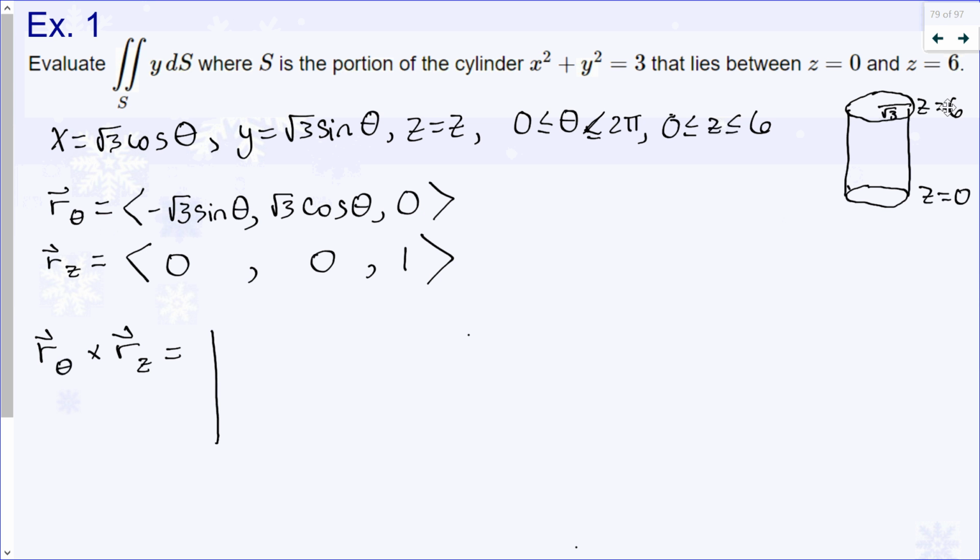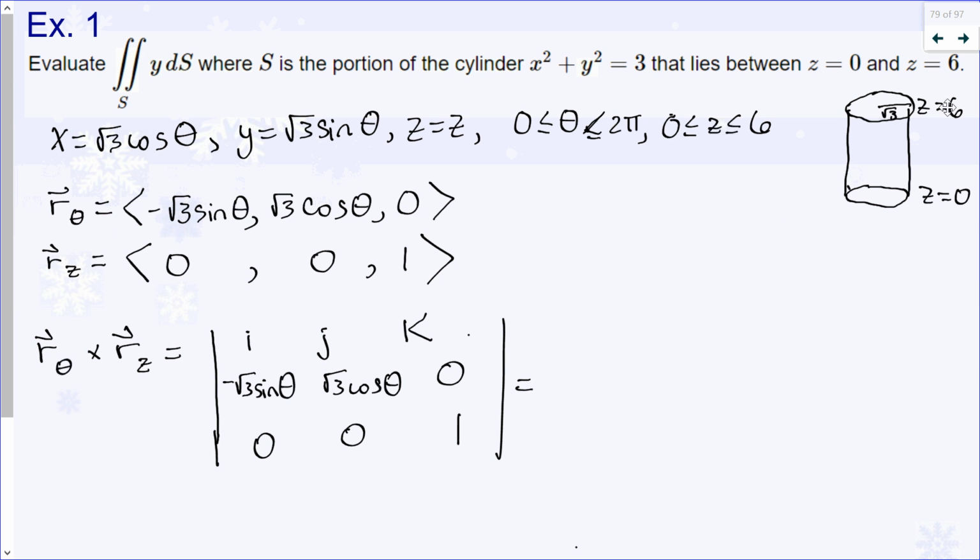So I'm going to set up my cross product. It's i, j, k, and then negative radical 3 sine theta, radical 3 cosine theta, and 0. And then 0, 0, 1. The zeros are always nice there.